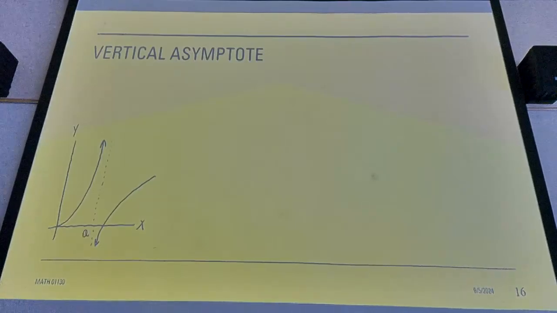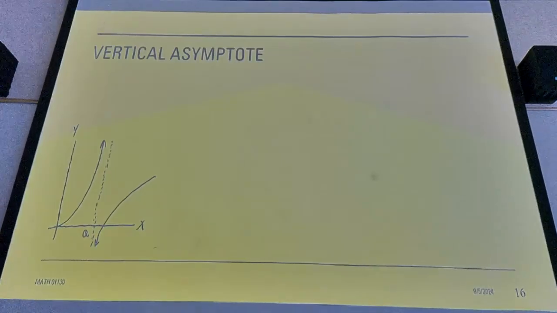How was it defined in pre-calculus? The y values never cross the x value. Not that the things never cross, like they can't go over the vertical asymptote. It's the line they approach.